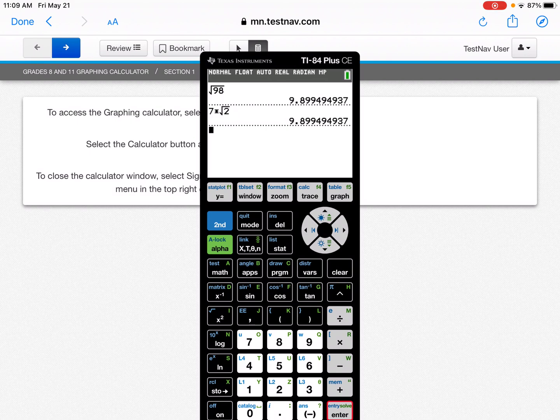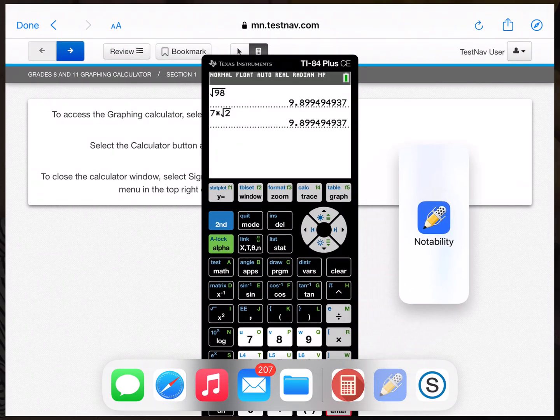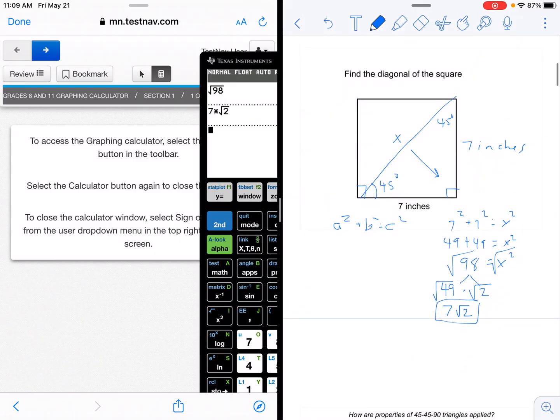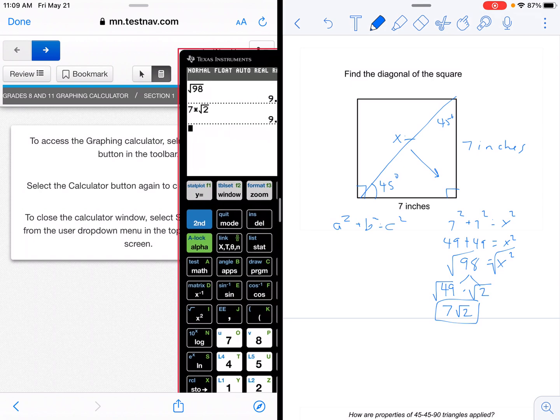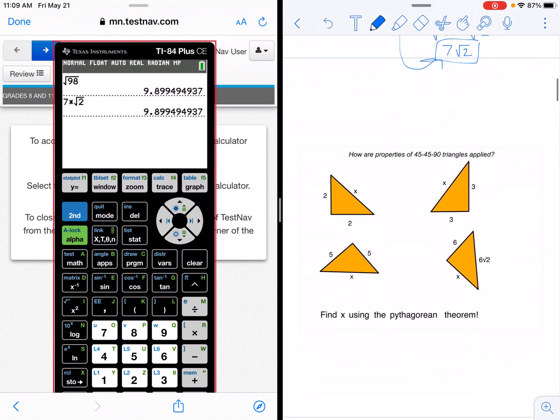So today we're going to be looking for patterns, and we see that this hypotenuse is the longest side of the triangle, and it's going to be 9.9. And we did 7 times the square root of 2. You'll notice that the 7 comes from the side length, and the square root of 2, we're multiplying by a factor of the square root of 2.